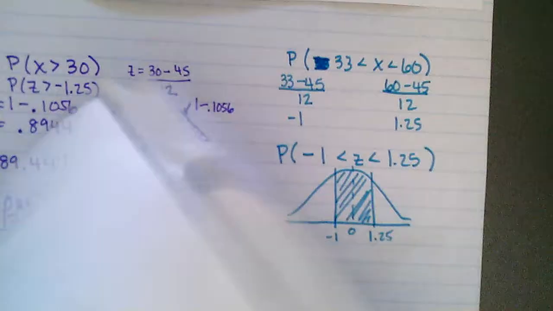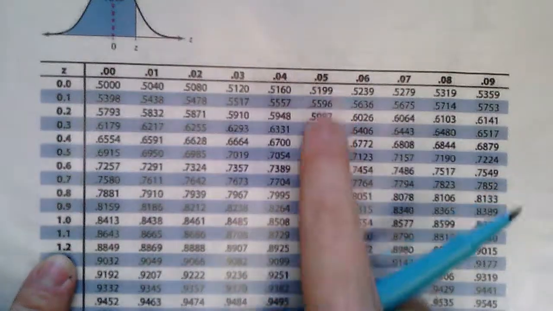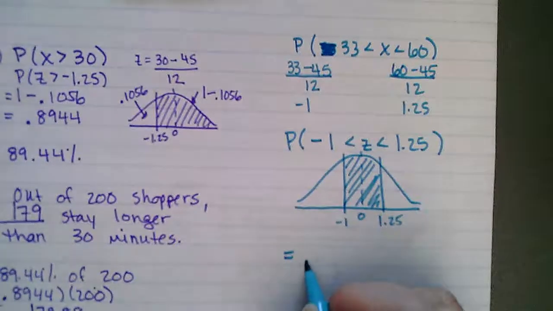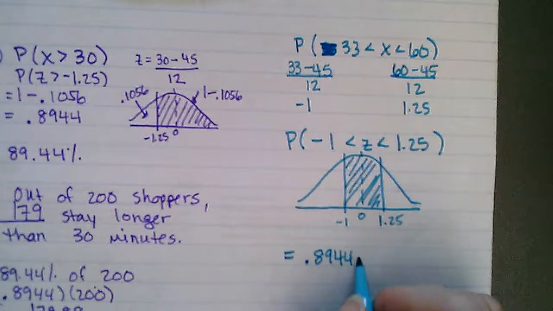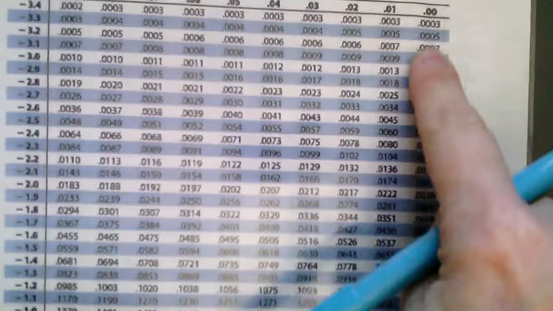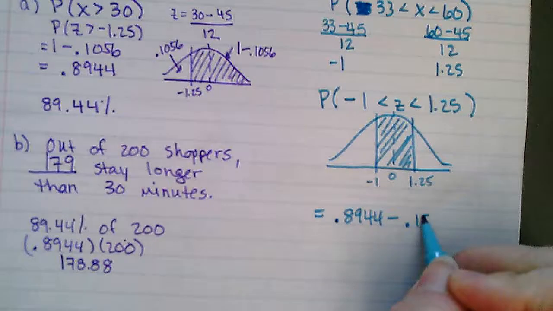So I take my bigger Z-score, 1.25, look that up. That is 0.8944. I'm going to take 0.8944 and subtract what I look up for negative 1. So negative 1.00 is all the way on the end. So that is 0.1587.